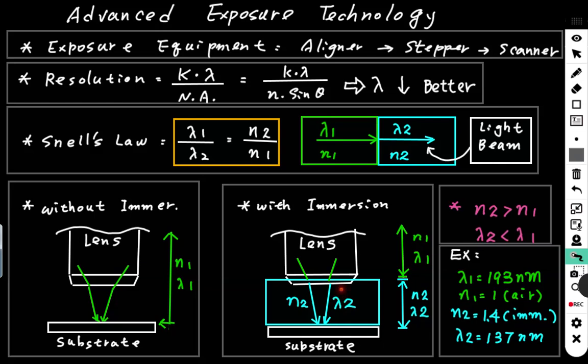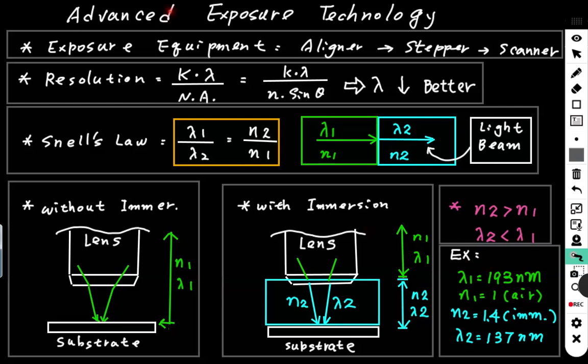And we use an immersion liquid material with N2 equal to 1.4. After calculation, I got lambda 2 shorter, at 137 nanometers, smaller than lambda 1, 193.